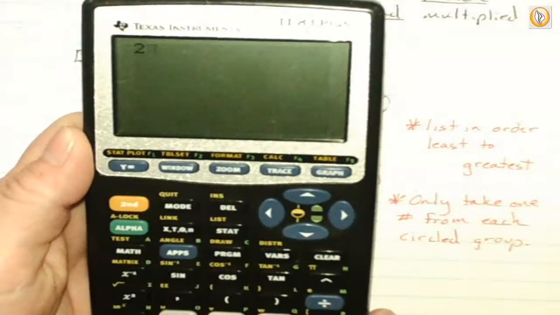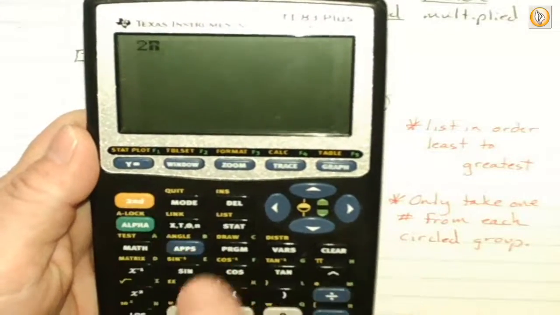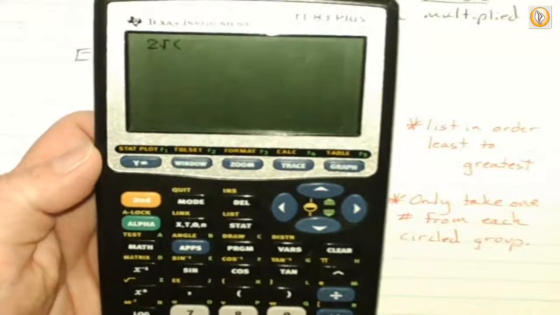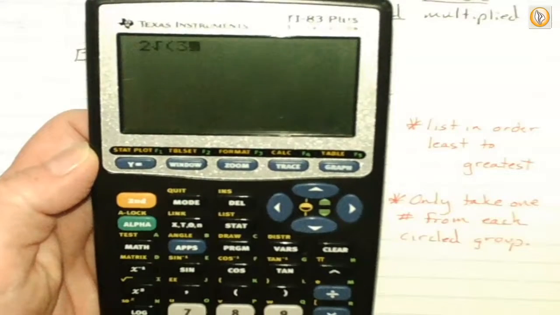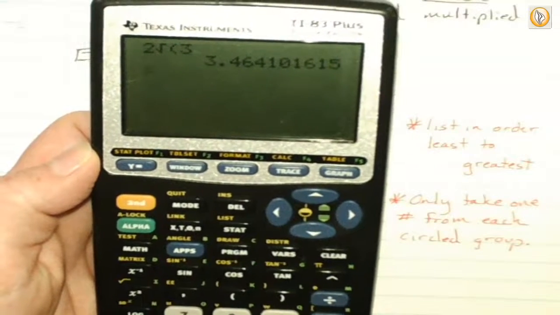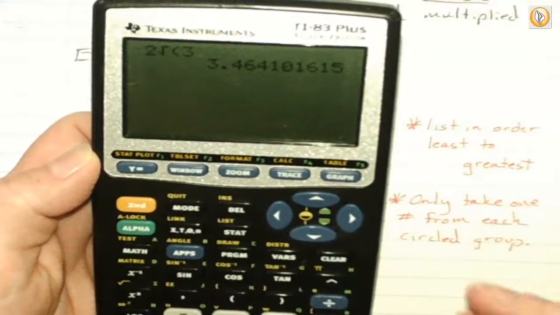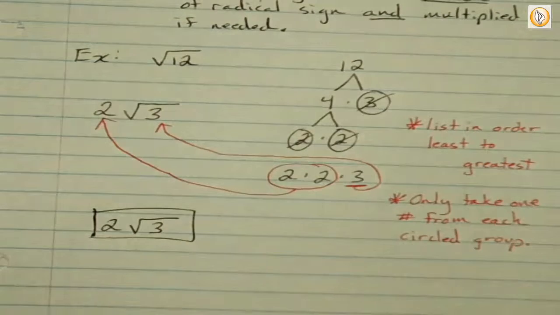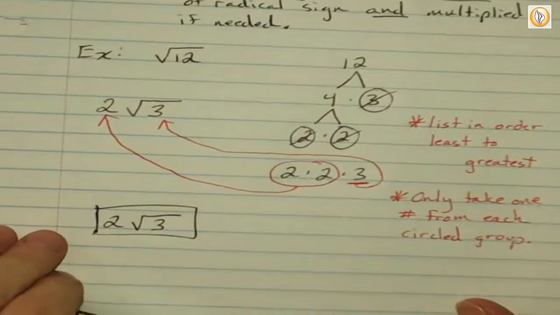So I have 2, second, and then square root, or radical sign, 3. And we get the same thing. That's how you would enter it. But we're not doing that. We're learning to simplify. And yes, you have to know how to do this. Any questions so far?